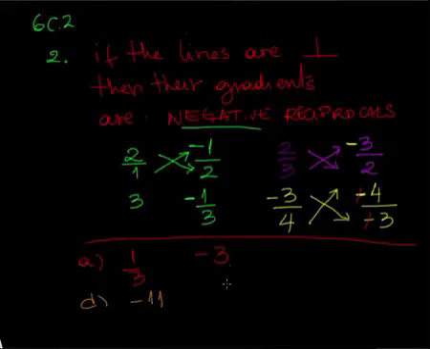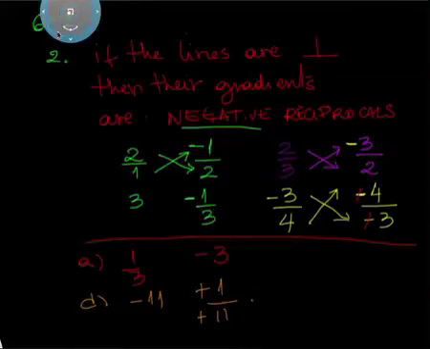So the negative reciprocal is 1 over 11. I know my negative is here, but because it has to be a negative reciprocal, I have a negative in the numerator and the denominator. By the rule of the signs, this becomes positive.